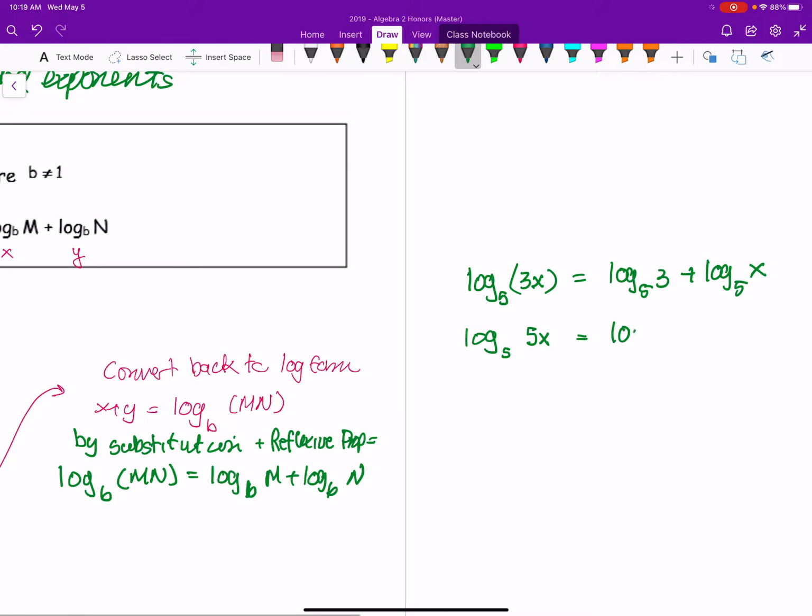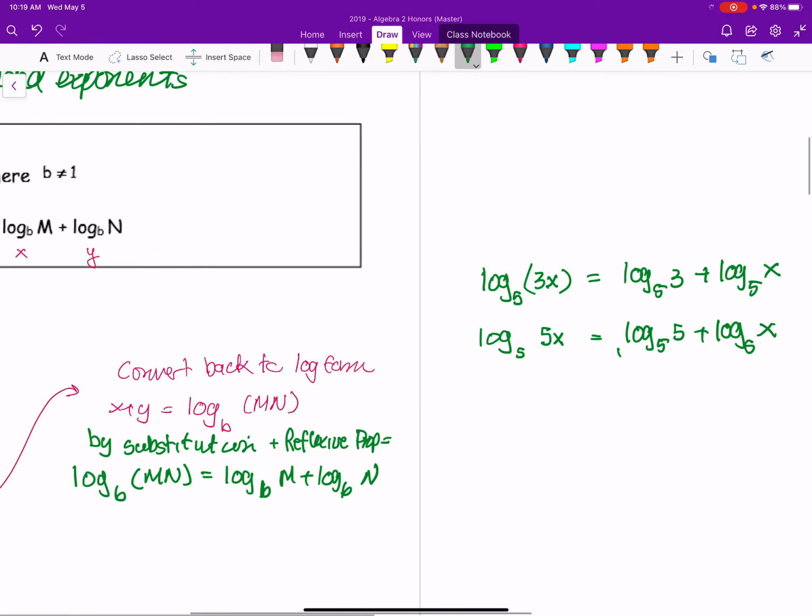I could write that as log base 5 of 5 plus log base 5 of x. Log base 5 of 5 is going to be 1, because what should I raise 5 to get 5? That's 1. So this is going to be 1 plus log base 5 of x. It lets us expand a logarithm. We can separate things that are being multiplied by addition signs.